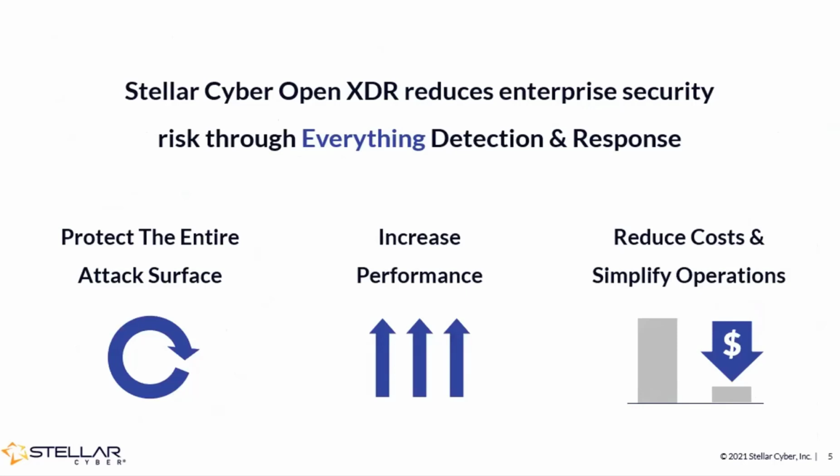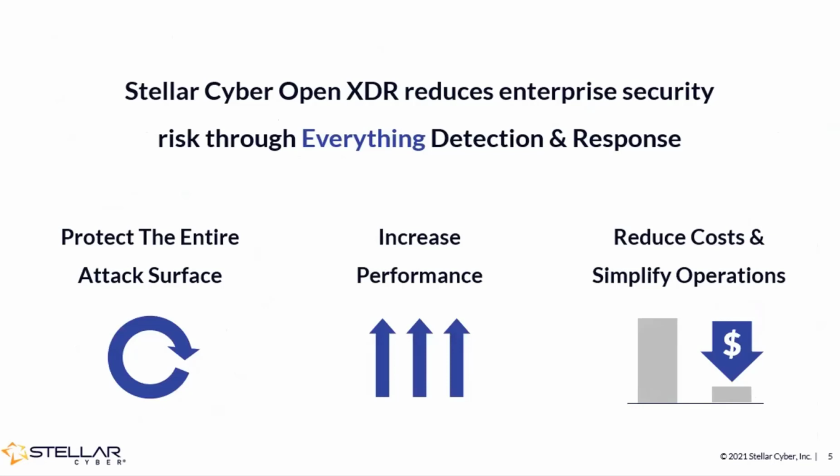Yeah, so just to recap, what we have shown you today is that with the Stellar Cyber Open XDR platform, because we can collect telemetry across your entire network, that gives you whole visibility. With that visibility, we're able to protect your entire attack surface.